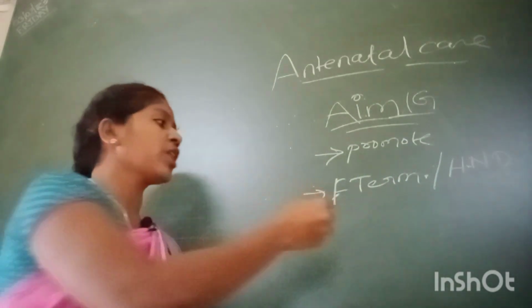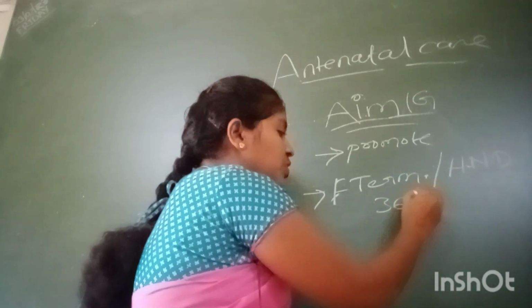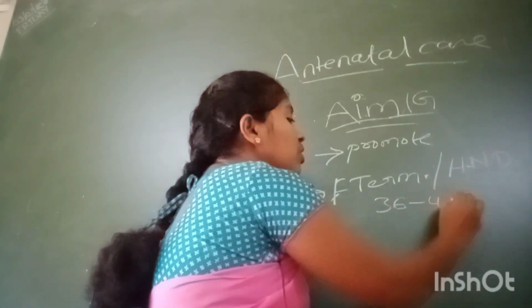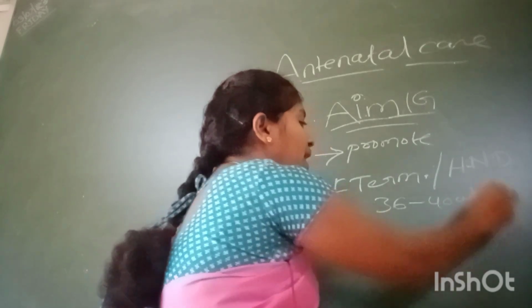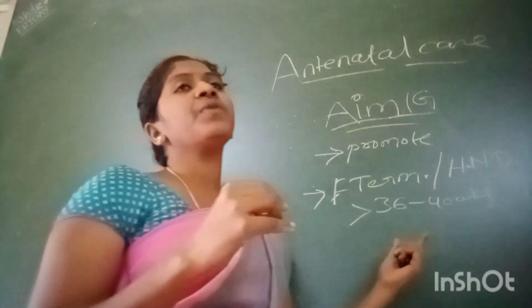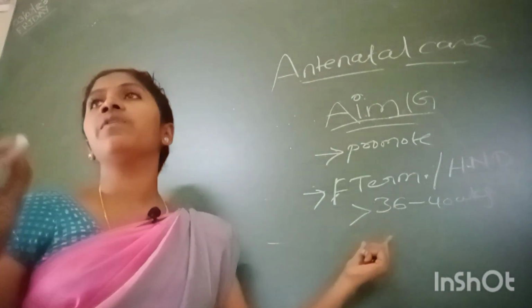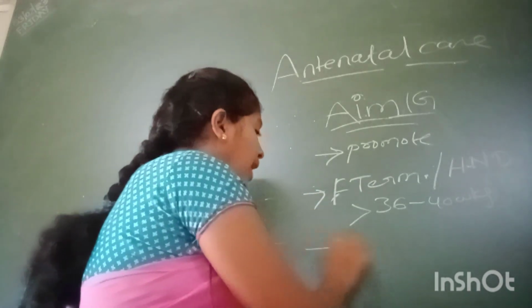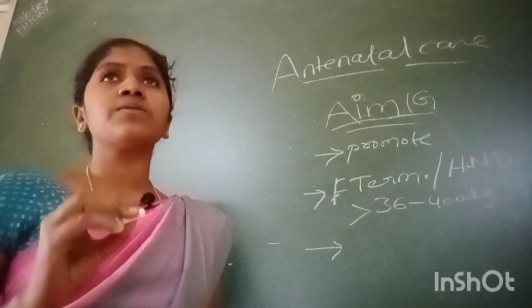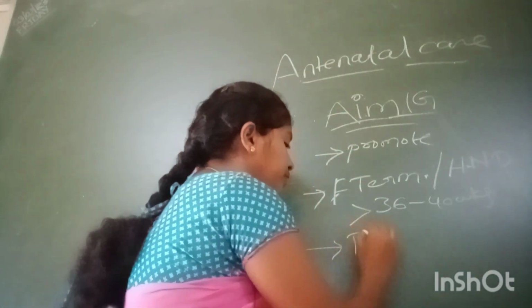I already explained to you. 36 weeks or 40 weeks of gestation is called full-term pregnancy. If the mother delivers in between, that is called preterm delivery. The next goal is to identify the risk factors.